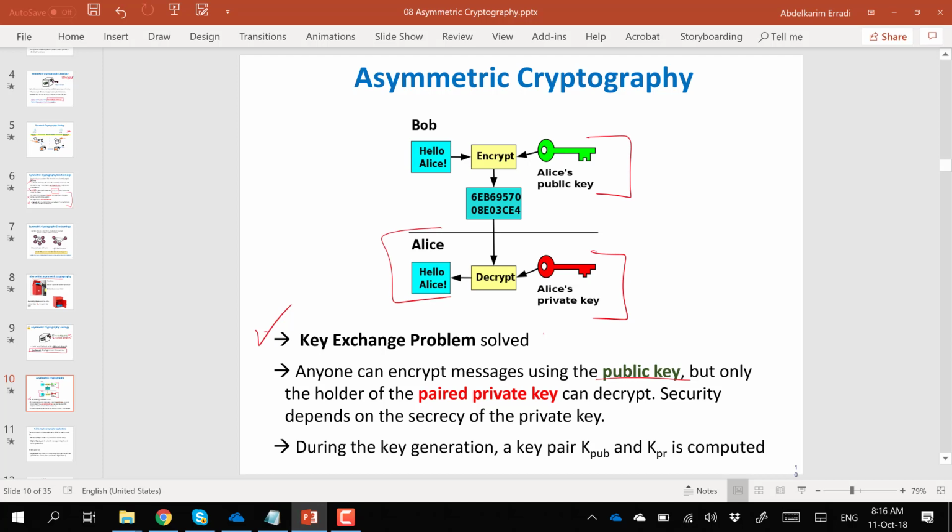Towards the end of this session, I'll show you what this means. Also, these two keys are not random. They are computed using an algorithm such as the RSA algorithm that I will show you later on. So I hope it is clear.